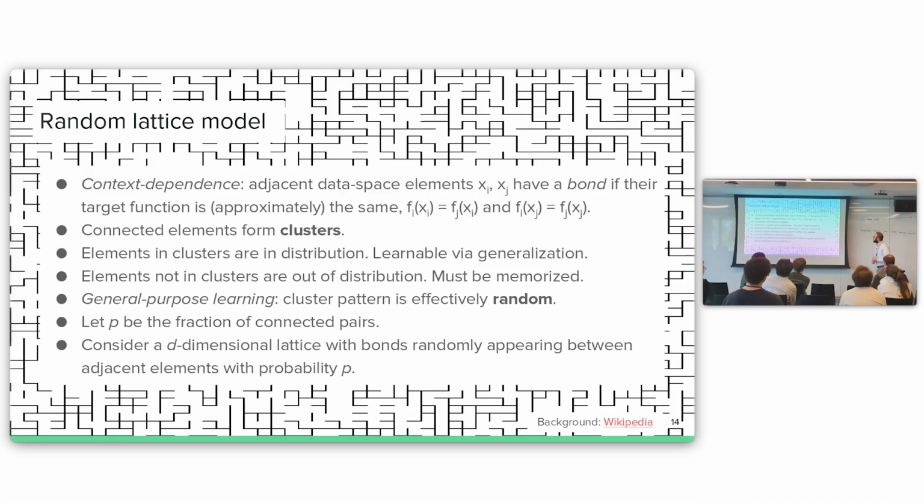Let's see. At each point xi, there's a function there. Two functions, fj and fi. Yeah, each point has a function associated with it, but this is a function, so you could apply it to any point. There are two functions, fi and fj. Correct. Each point has one function, but that function is just a function.